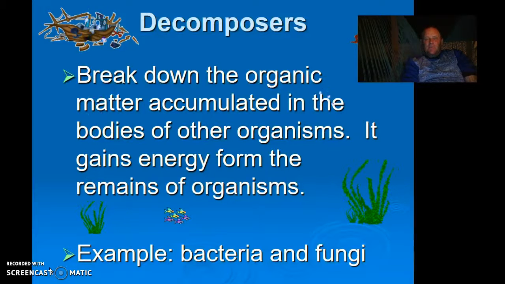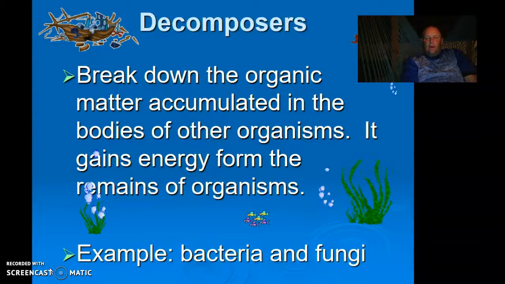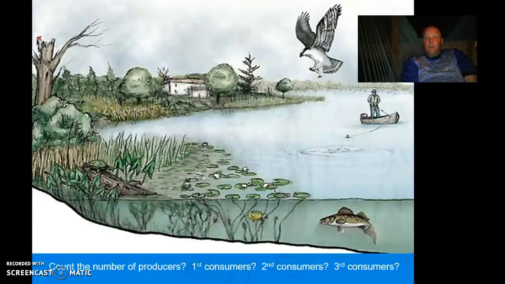Fungi would be mushrooms and other things that will grow on the bodies of dead plants and animals. Their primary purpose is to break that down from cells into nutrients that the fungi can use, and then other things can use that as well. So we get decomposers.